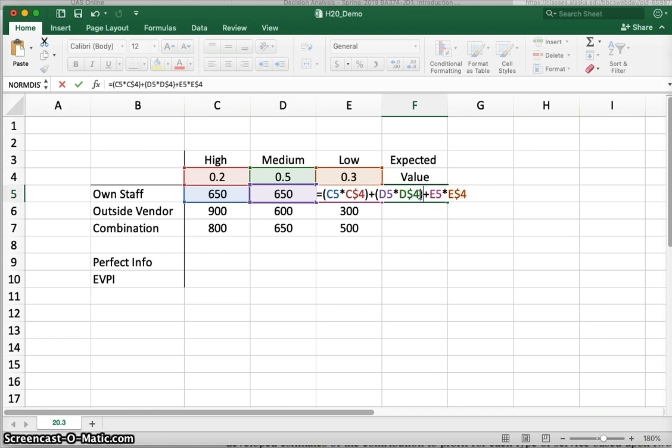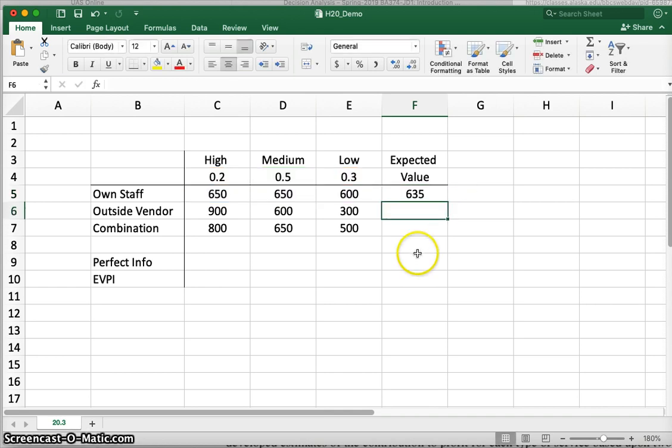So basically what I'm doing is creating a weighted average. I'm multiplying the consequence times the probability of that consequence occurring. So the expected value in this case would be 635. Now, because I made the rows constant, I can just copy this down and I should get the right answer for all three of them.